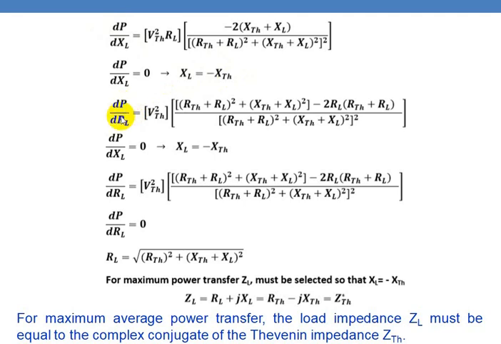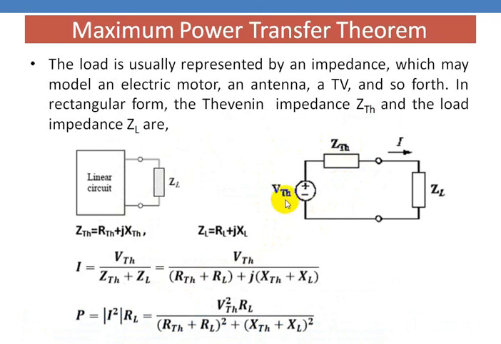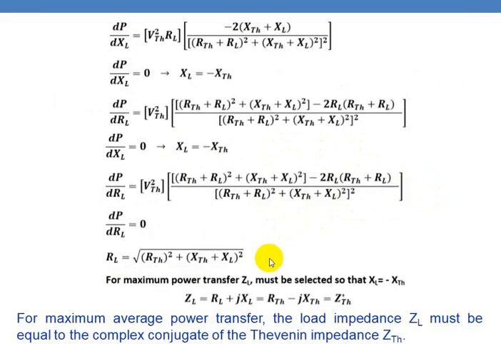Similarly, you differentiate power with respect to RL and equate to 0. In this case, you will get XL equal to minus XTH. So now RL we will get as the square root of RTH square plus (XTH plus XL) square. For maximum power to be transferred from this source circuit to this load impedance, the load impedance should be equal to RTH minus jXTH.